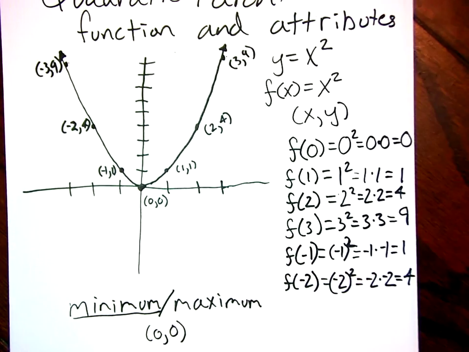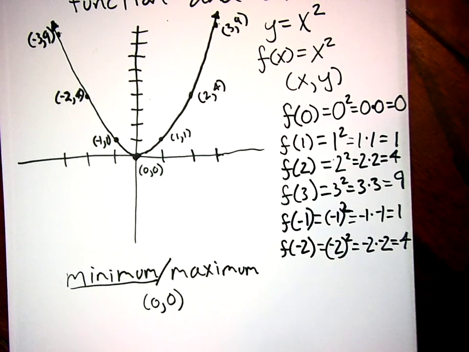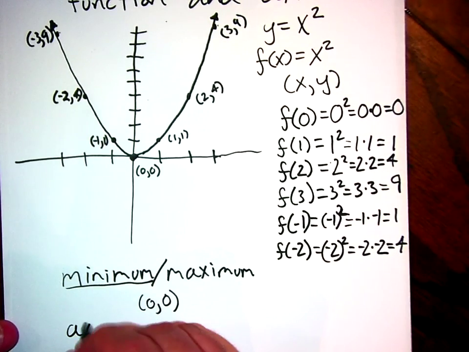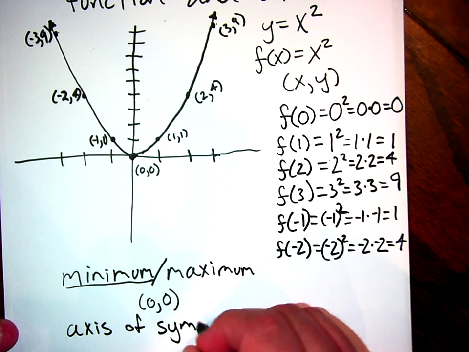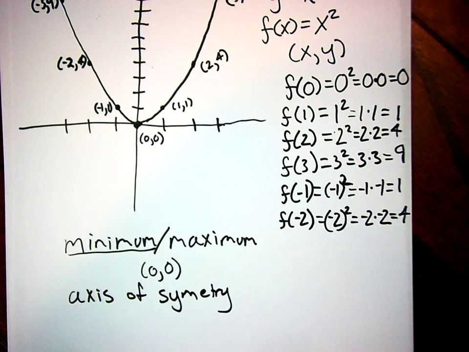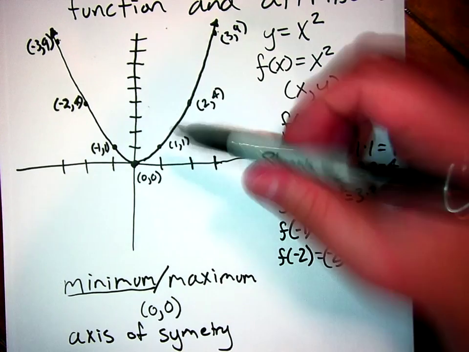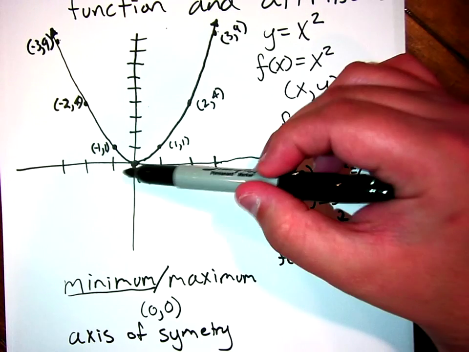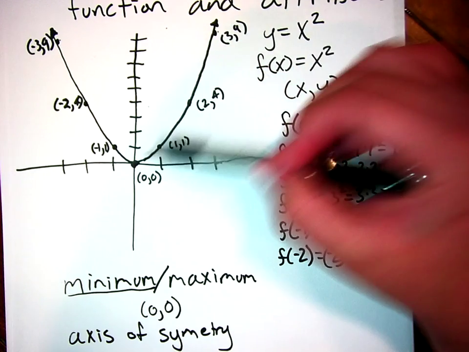Now, there's also in quadratic curves something called an axis of symmetry. If we take a look at this curve, and if I graphed it perfectly, you would notice that on this side, it curves up at some rate, it keeps curving upwards, reaching to infinity.